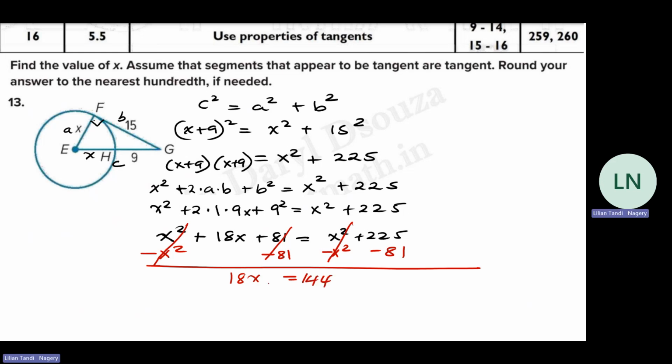Then I divide both sides by 18. This goes away, and then x should be 8. And you box your answer. Okay? Because the question said find the value of x.